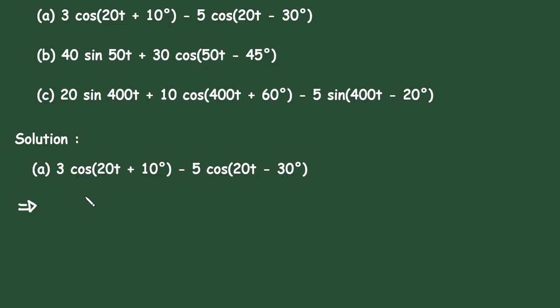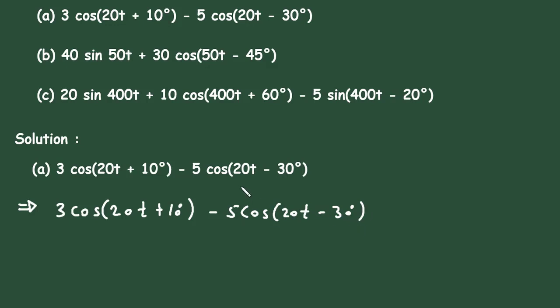So first of all, 3 cos(20t + 10 degrees), we will write this as it is, minus 5 cos(20t - 30 degrees). So from here we can see the omega value is equal to 20 radian per second.